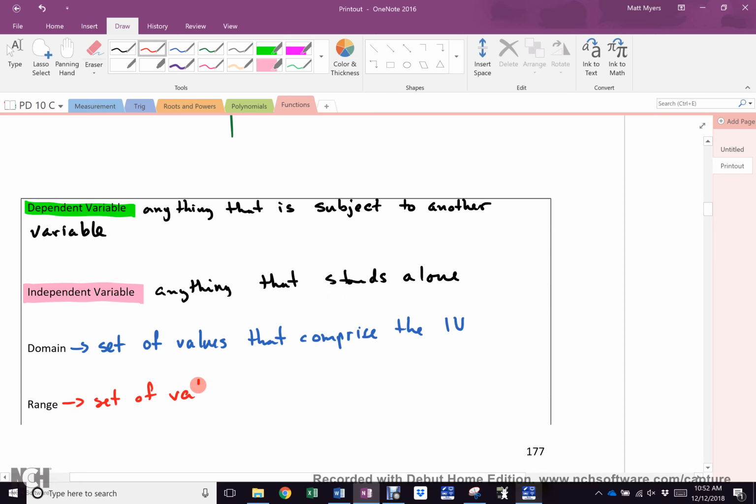Set of values that comprise the DV. Okay? The domain is not the independent variable. It is the values within the independent variable. Is everybody good?